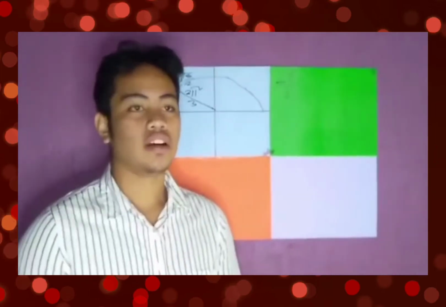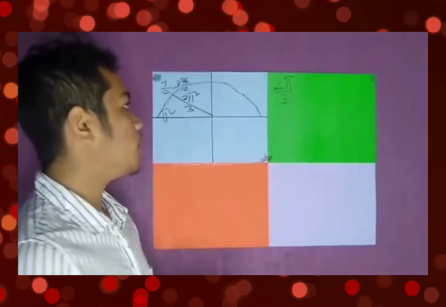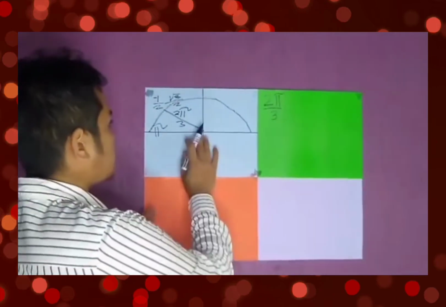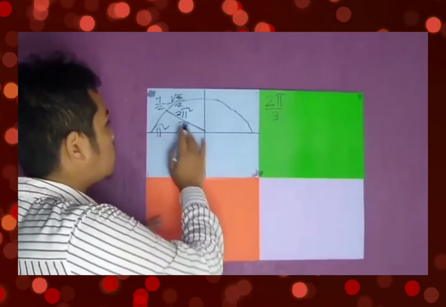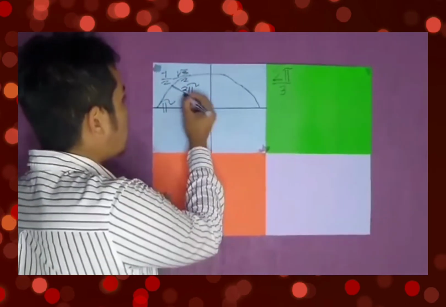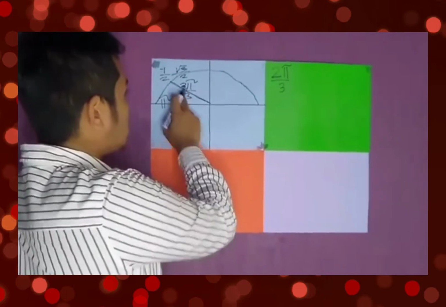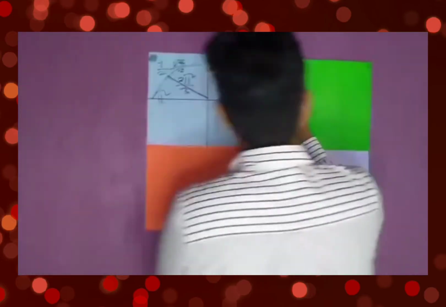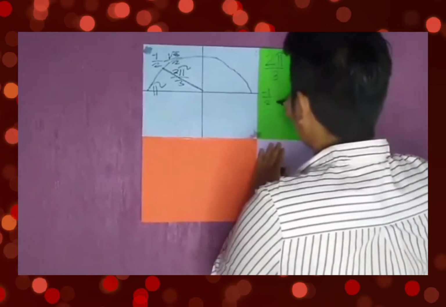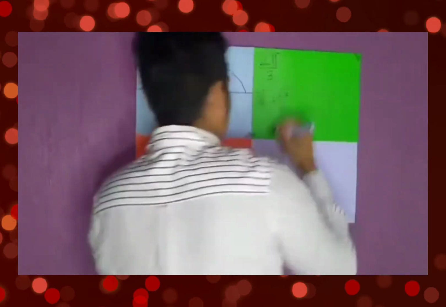I'm going to solve the trigonometric functions of a given angle. So the given angle is 2 pi over 3. The 2 pi over 3 belongs to the second quadrant. So this is the 2 pi over 3, and the ordered pair is negative 1 half, square root of 3 over 2.